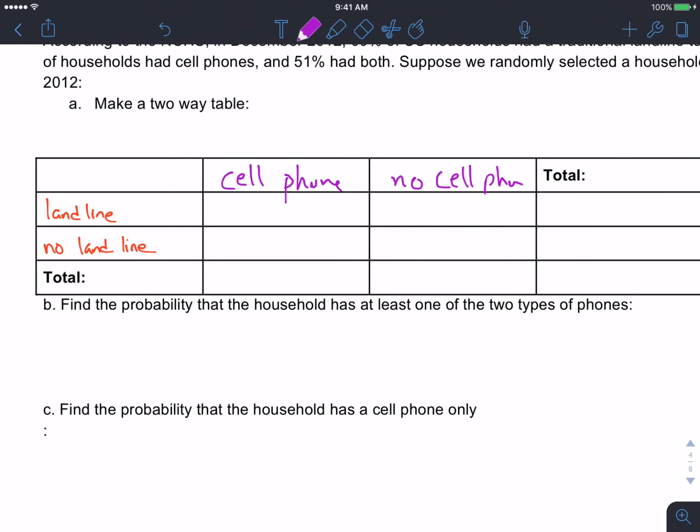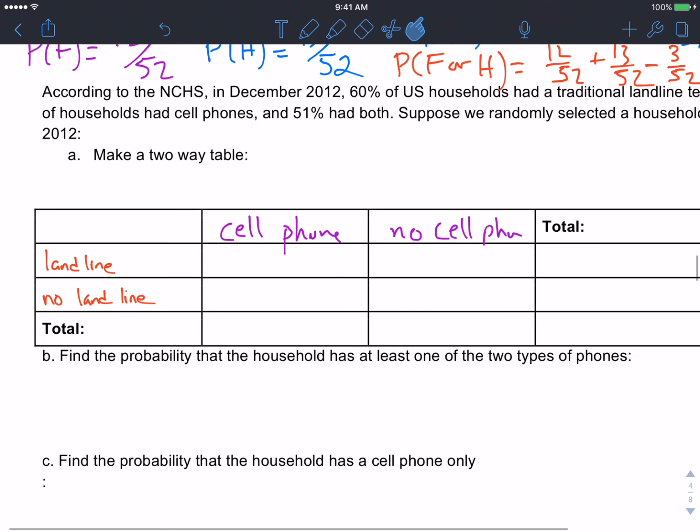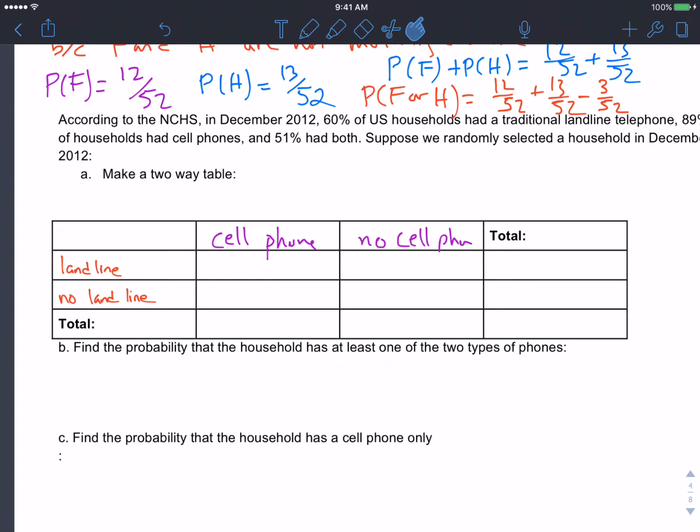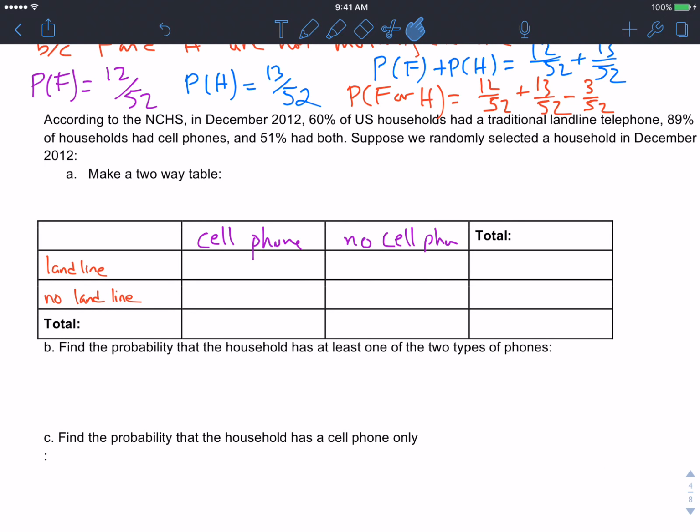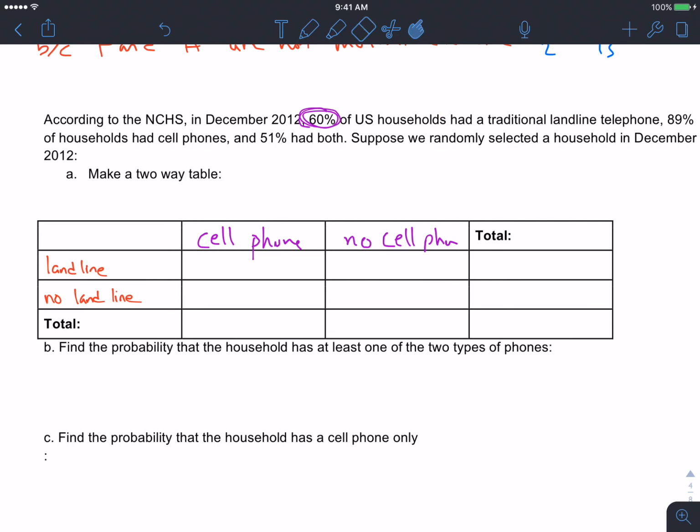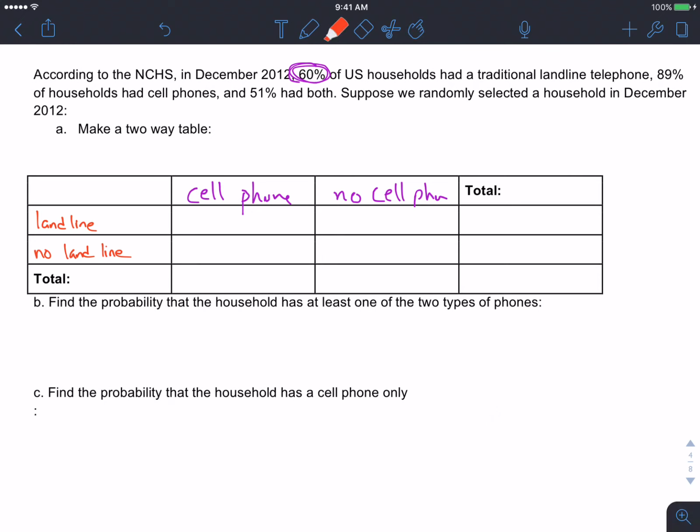They said 60% had a traditional landline, so I know that for landline, the total is 0.6.